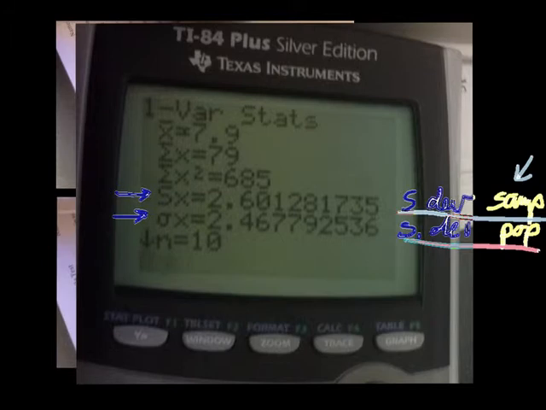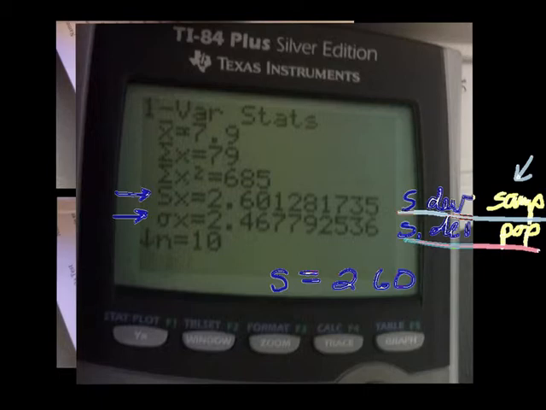Now, therefore, my standard deviation, and I could write this on a homework, I could say my standard deviation is equal to 2.60. So I could round it off to however many decimal places I needed based on whatever the problem said.